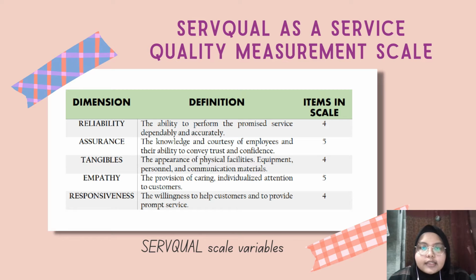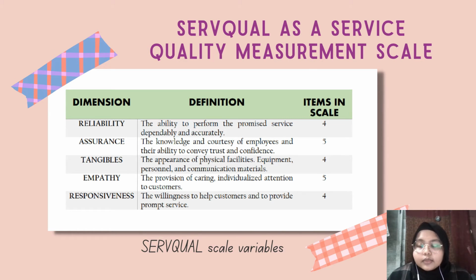Assurance is defined as the knowledge and courtesy of employees and their ability to convey trust and confidence. Tangibles is the appearance of physical facilities, equipment, personnel, and communication materials. Empathy is the provision of caring, individualized attention to customers. And responsiveness is the willingness to help customers and provide prompt service.